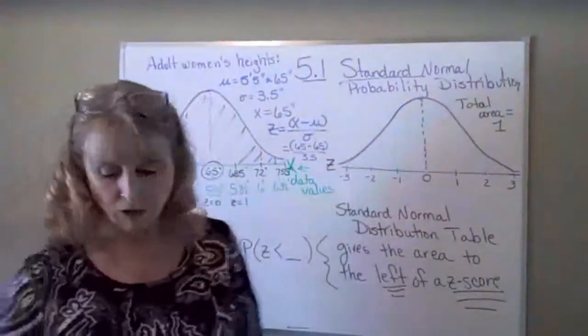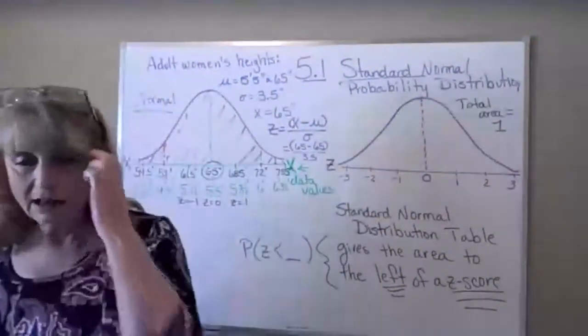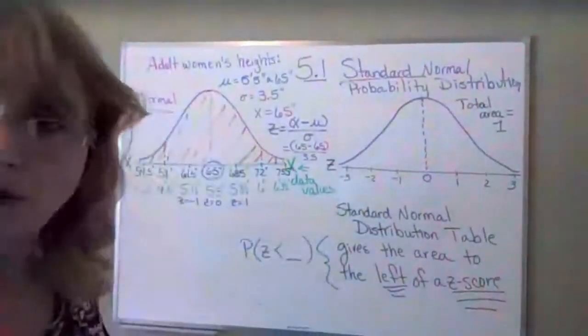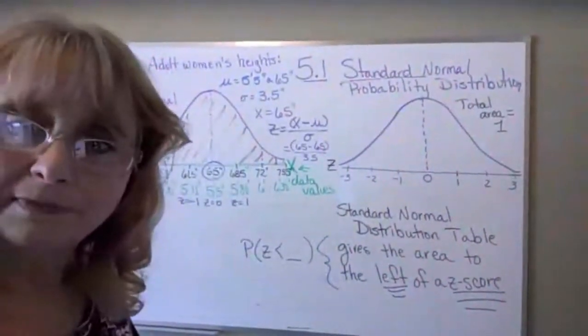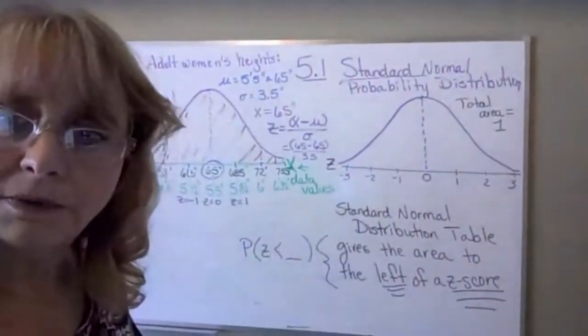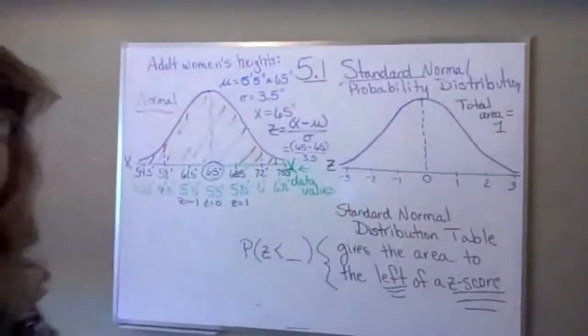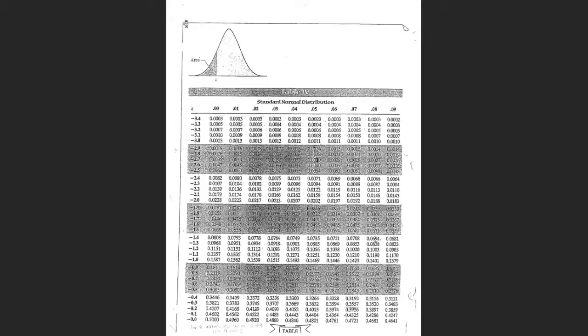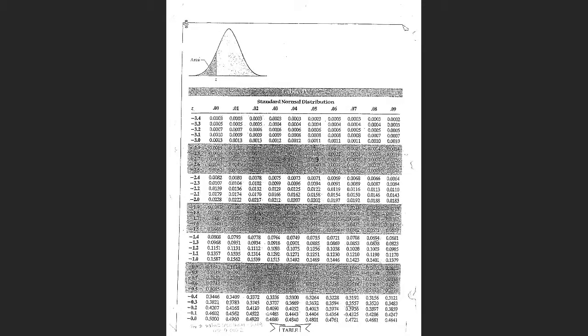Let's look at the standard normal distribution tab. There it is, z-table. It's two pages. On this page, look on the left column, and you see negative z's starting at negative 3.4.